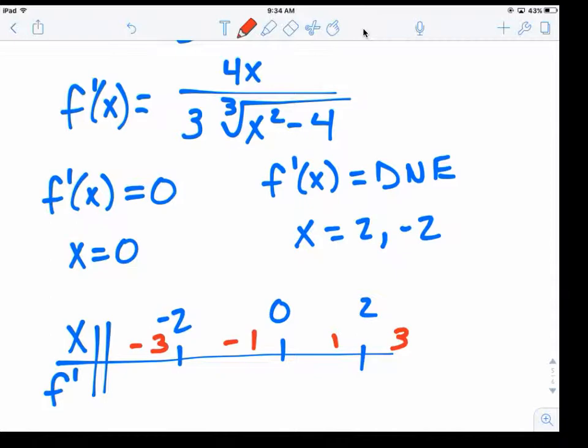Negative over positive is negative. If I have negative 1, that would be negative over, that's negative, right? Positive. Positive over a negative, so that would be negative. And then positive over a positive, positive.